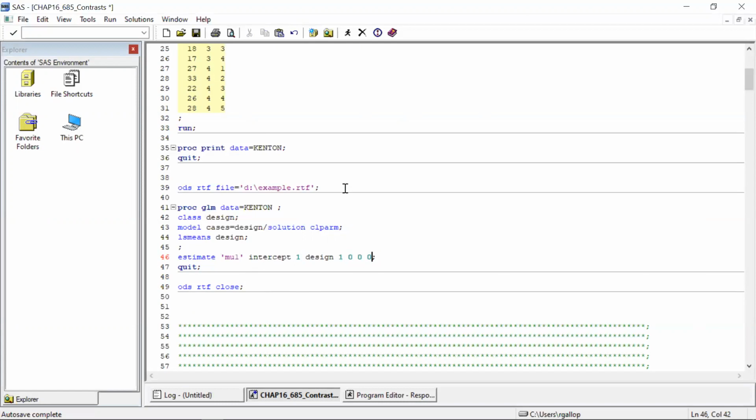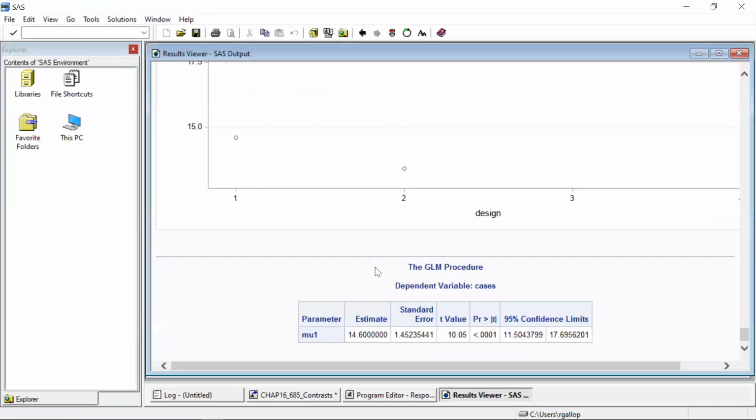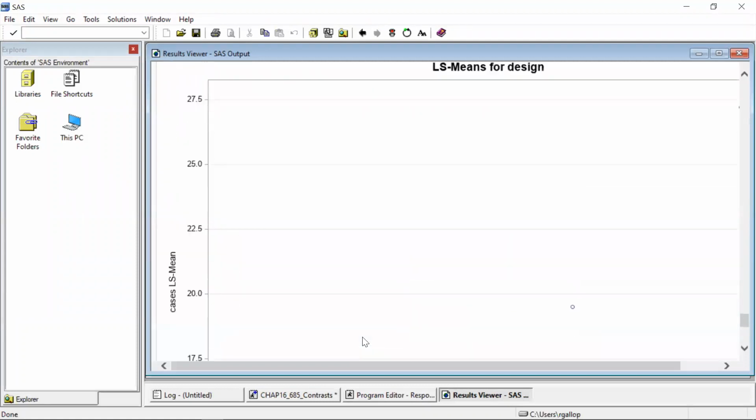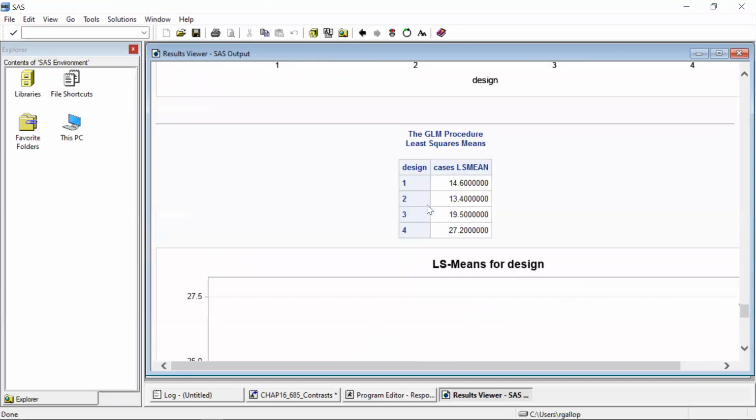So we go here and I run this. When I run this, here's my estimated value of mu1, 14.6. Now, if you notice, it's the exact same value we got from the LS mean statement. Why am I doing the estimate statement?